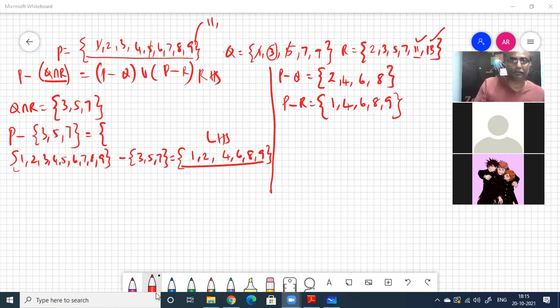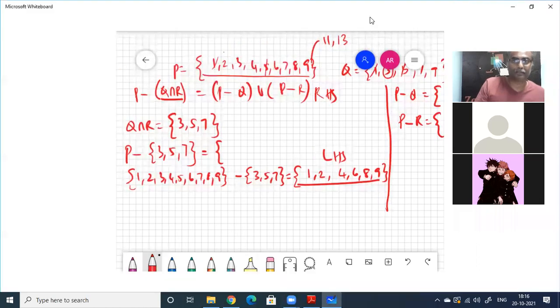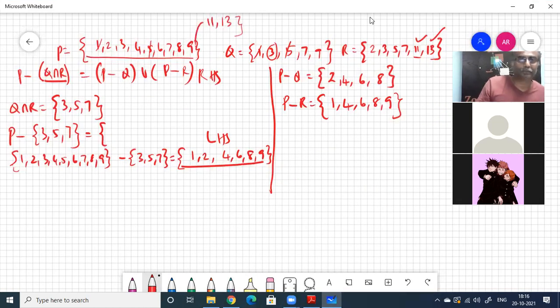Correct? So you guys are getting confused now and then. This is not the set, these two elements are not there. So how do you minus? You have to see if an element is there in the second set you are minusing. If it is uniquely present here, then you put it there. If it is found in the other one, you cancel it out.